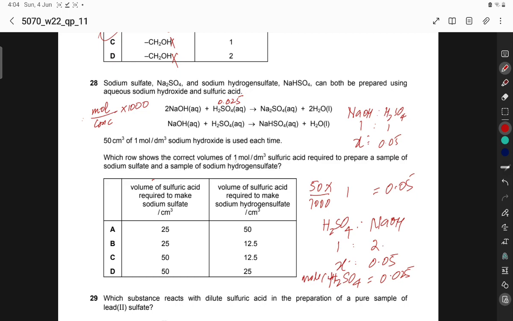So we have the concentration of sulfuric acid and we can calculate the volume.